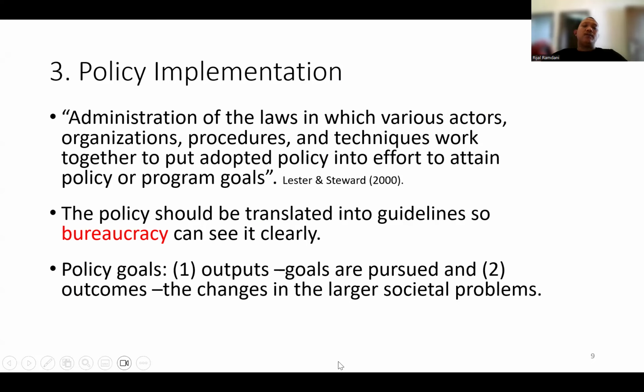In policy studies we have outputs and also outcomes. Outputs are the goals of the policy made by the government, while outcomes are the changes in the larger societal problem. For example, if we talk about the flood issue, the output is how to stop the flood.